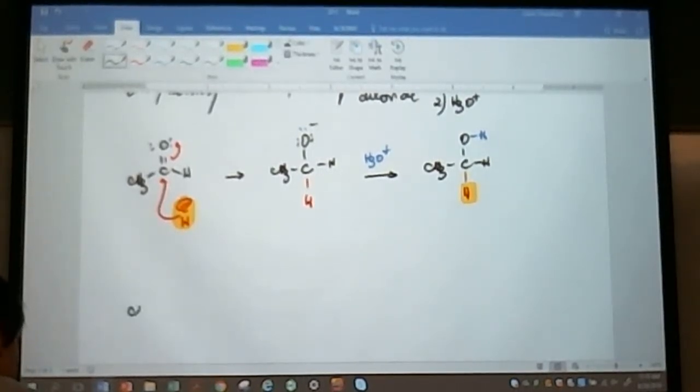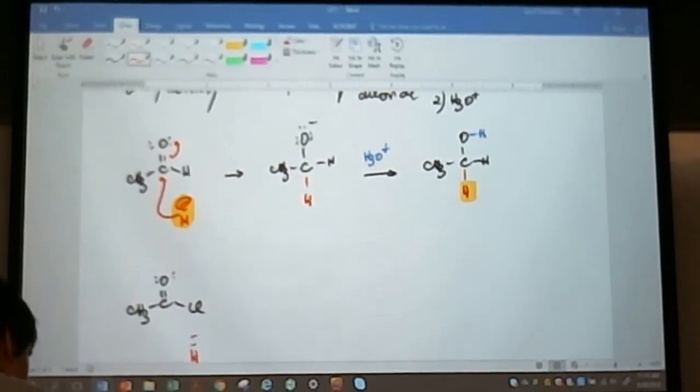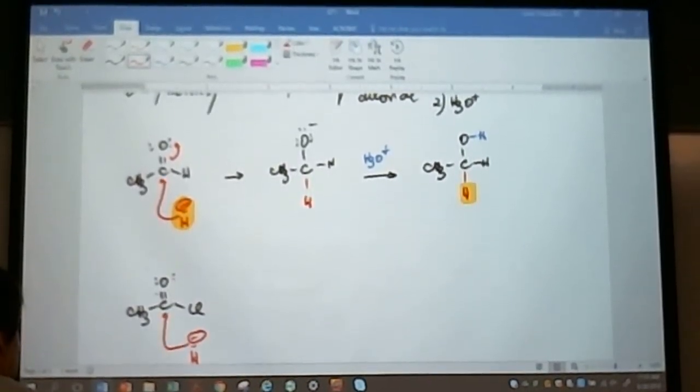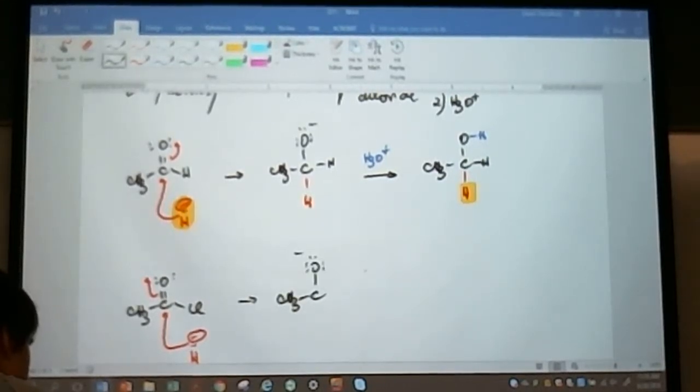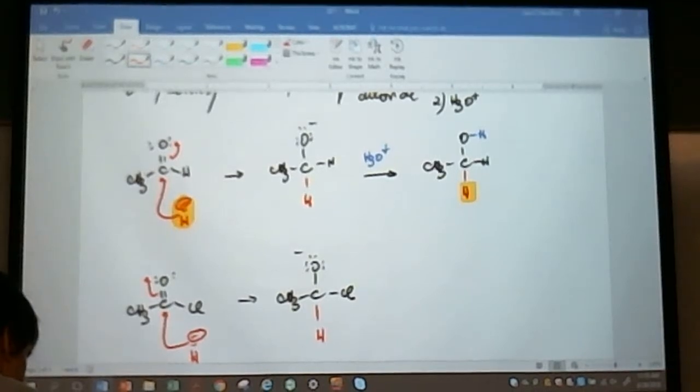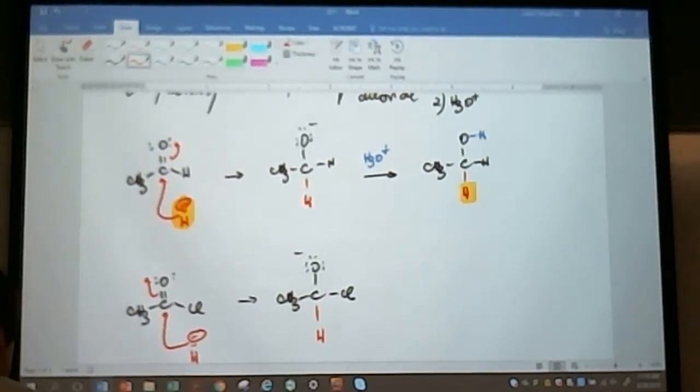Now, if I start with, let's say, an acid chloride, and I add a hydrogen ion, eventually we're going to do the same thing. We're going to form this alkoxide ion. But now, this alkoxide ion above had nothing it could do. It would just remain like that until I quench it.